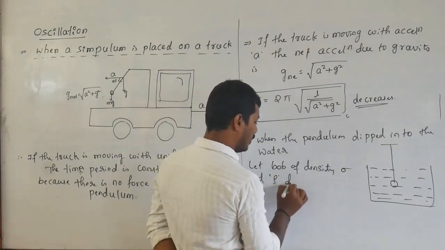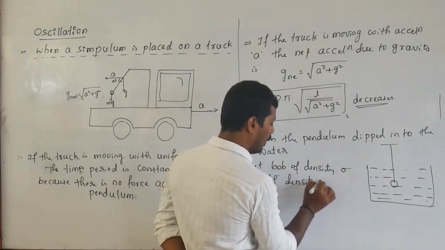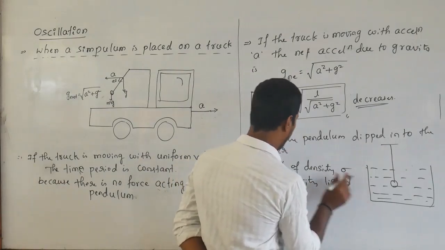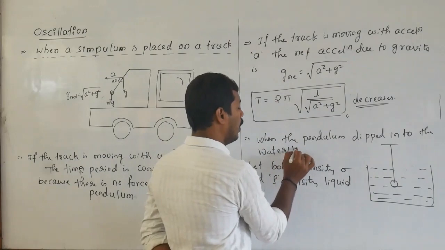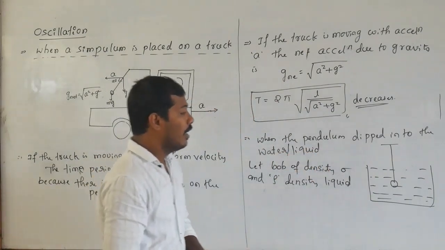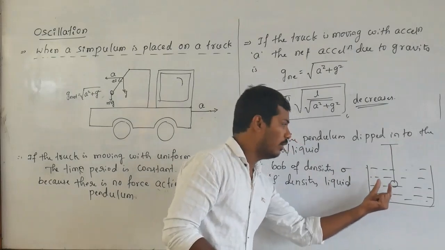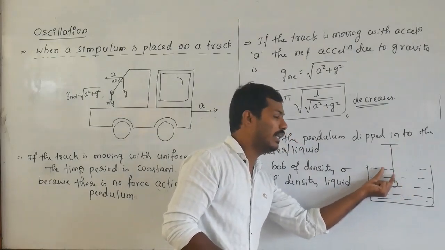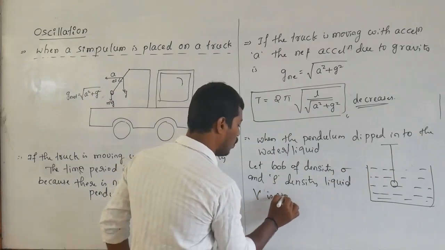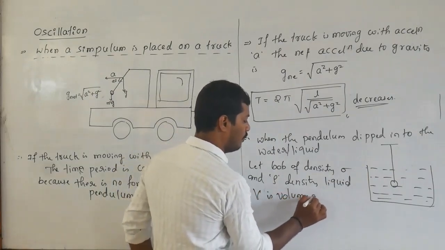Rho is the density of the liquid, any liquid, water or any other. Next, V is the volume of the bob.